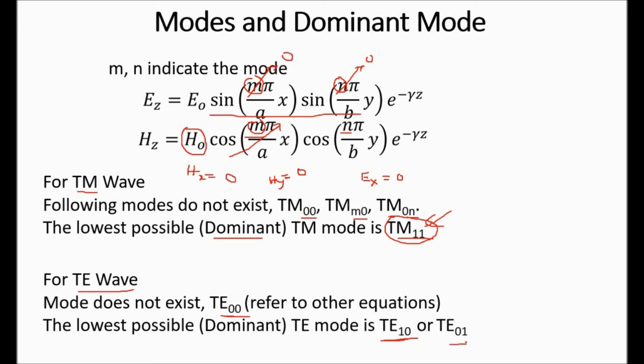So for TE mode, the lowest mode could be 1 0 or 0 1, depending on the dimensions of the waveguide, but 0 0 is not possible. So for both TE and TM waves, 0 0 modes are not possible. For TE waves, 0 1 or 1 0 could be possible, but for TM waves, neither m nor n can be 0. Both should be non-zero.